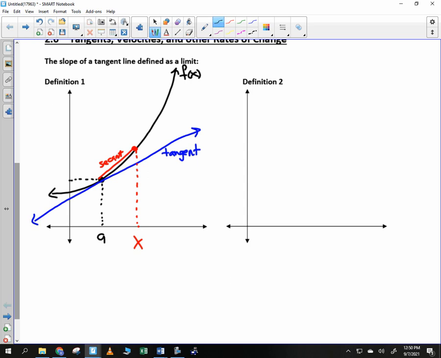If this is point A, we plug it into the function to get the y value, and it becomes f of A. So what would the y value for this x value be? F of x.